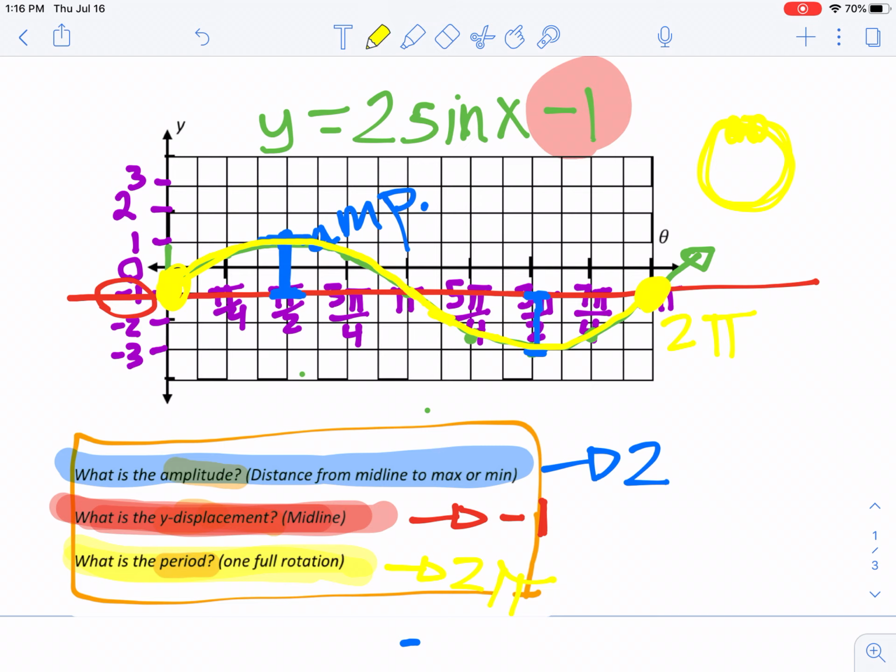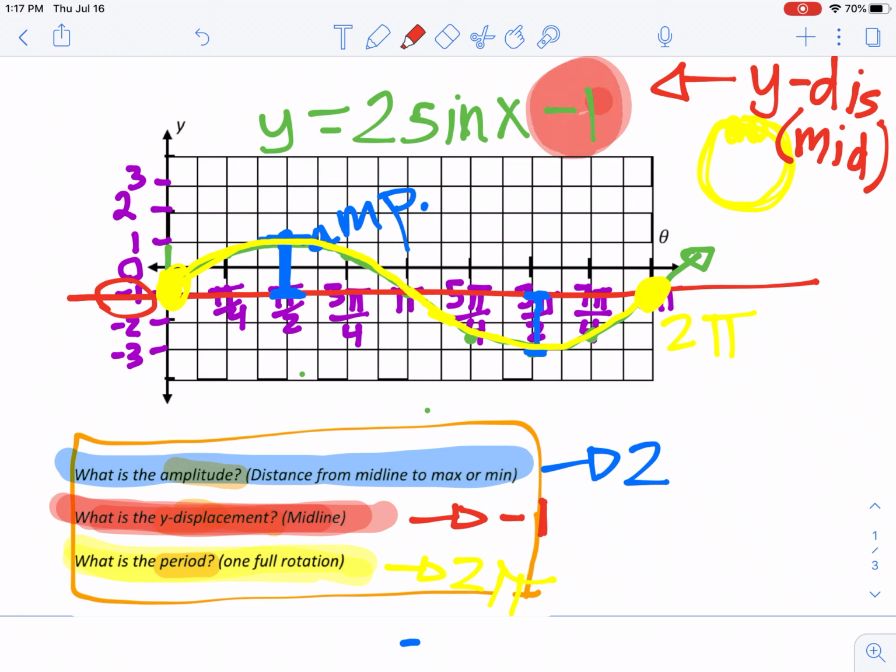This value right here represents your y displacement, or remember, your midline. That number there is always going to be your y displacement.